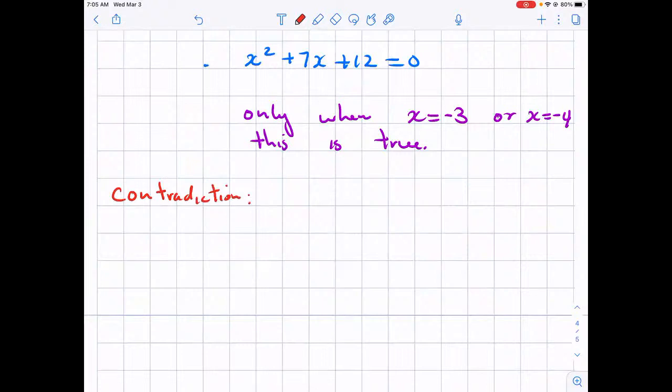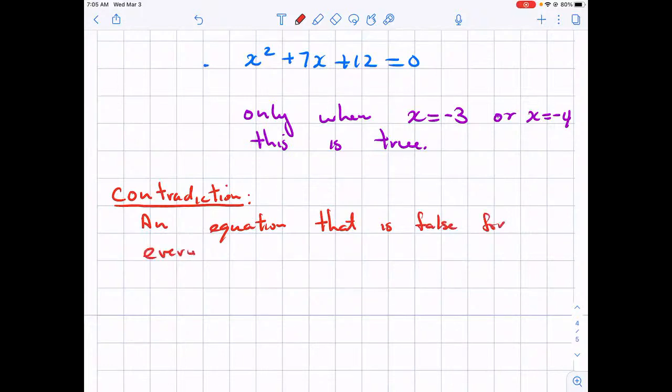Okay, a contradiction. And a contradiction is an equation that is false for every real number in the domain.